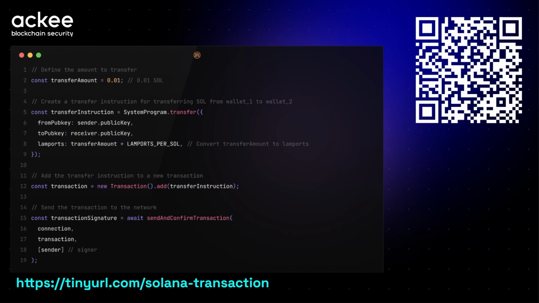The first thing, define the amount that you would like to transfer. In this case, it is 0.01 SOL. Then create the transfer instruction for transferring Solana or lamports from wallet 1 to wallet 2, from the sender to the receiver. From line 5 to line 9, you create the system program transfer instruction, and you specify the from public key.